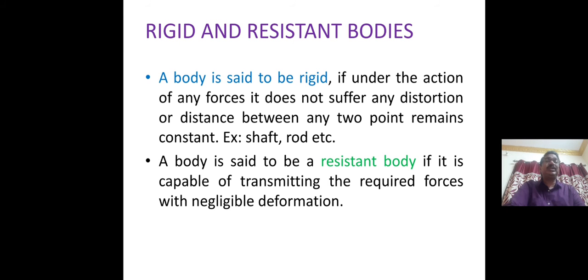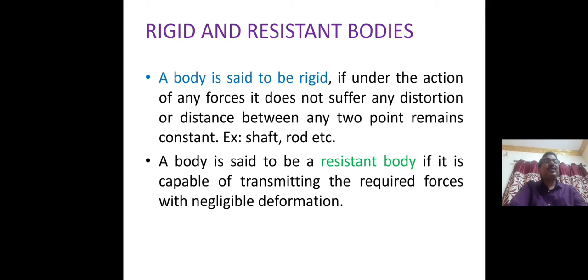Now coming to the resistant body. A body is said to be a resistant body if it is capable of transmitting the required forces with negligible deformation. A rigid body transmits forces without any deformation, but in this case, deformation may take place, though negligible.